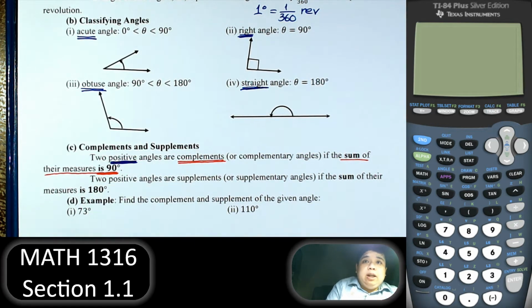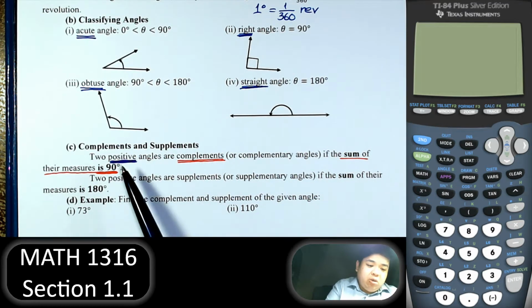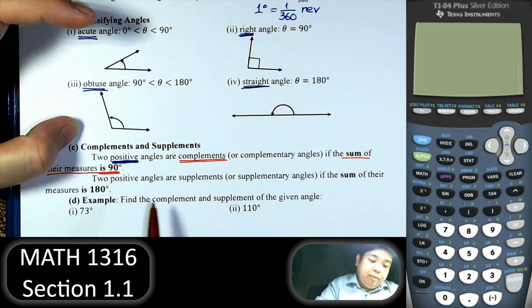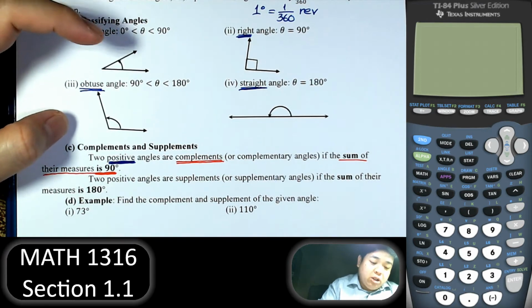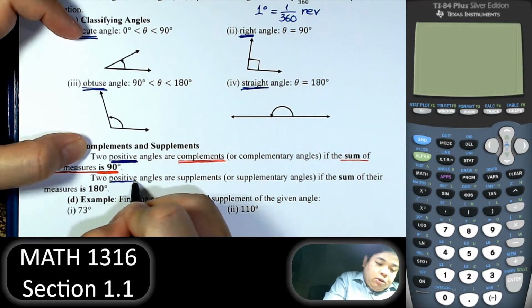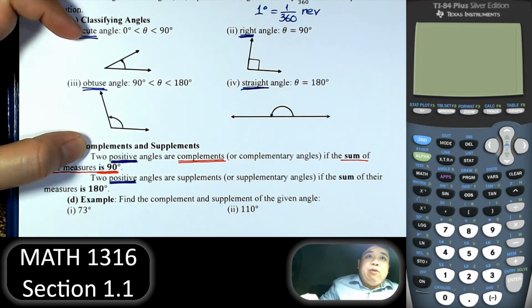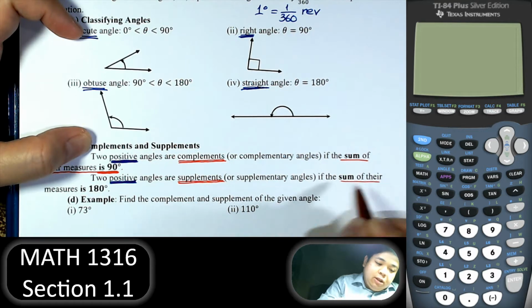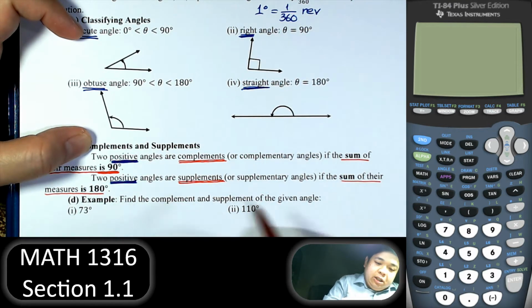If one of them is negative, it will not work here. Like I said, it's just the way we define it. Later on, some properties of complements and supplements do not require the angle to be positive, but we'll talk about that later. For now, for the definition, we use positive angles. Supplements: the sum is 180 degrees.